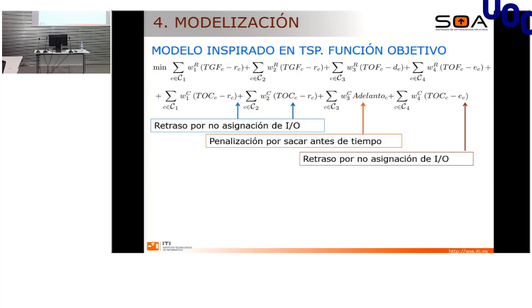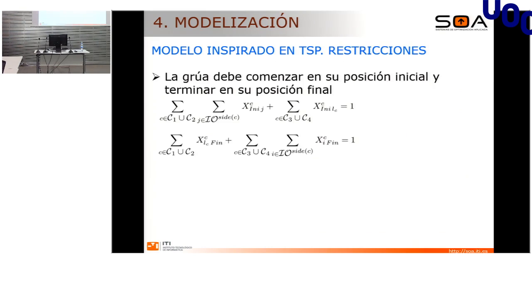And the second line is the delay if you don't assign an input-output to the container, because all of them are occupied. So there is no empty input-output. You have to wait until an input-output is free, so you have to add this delay to the objective function.